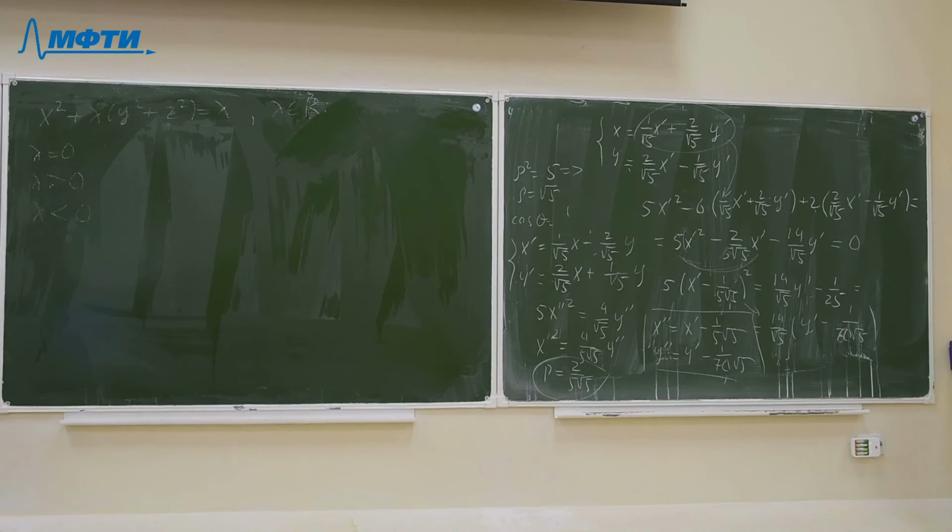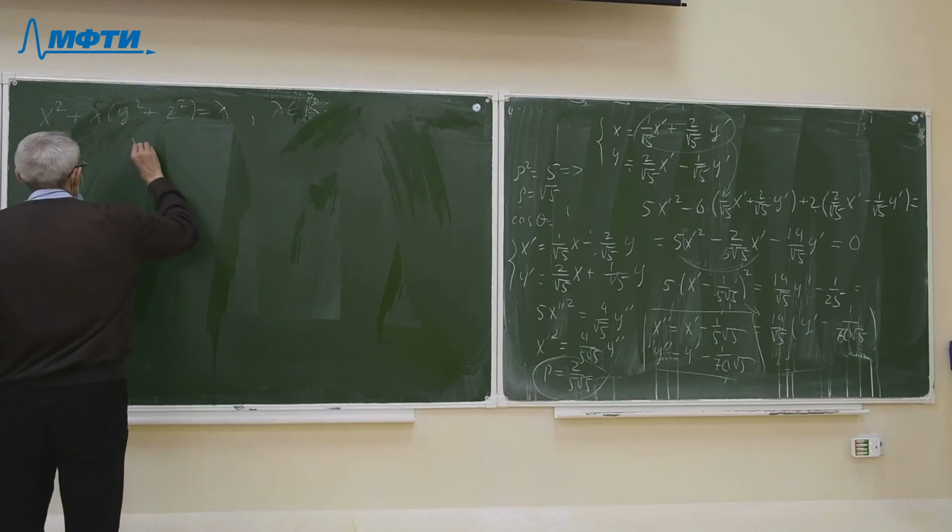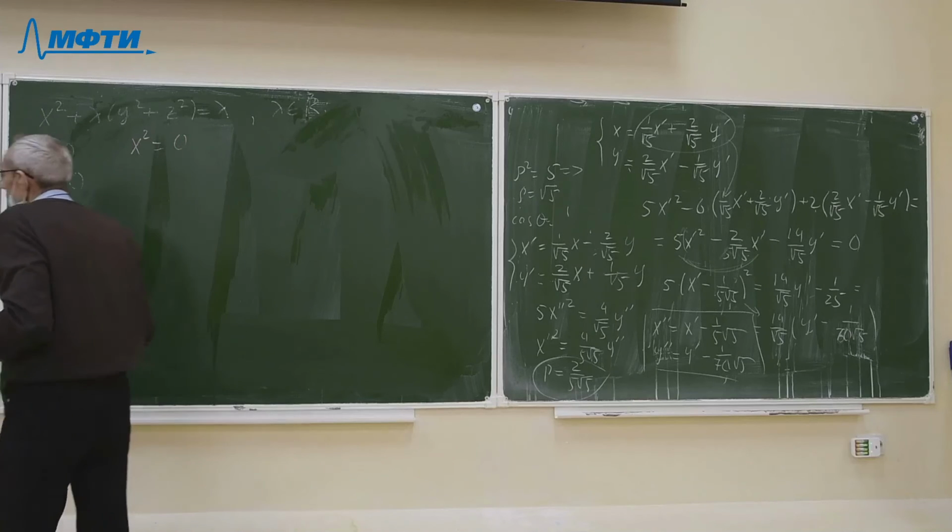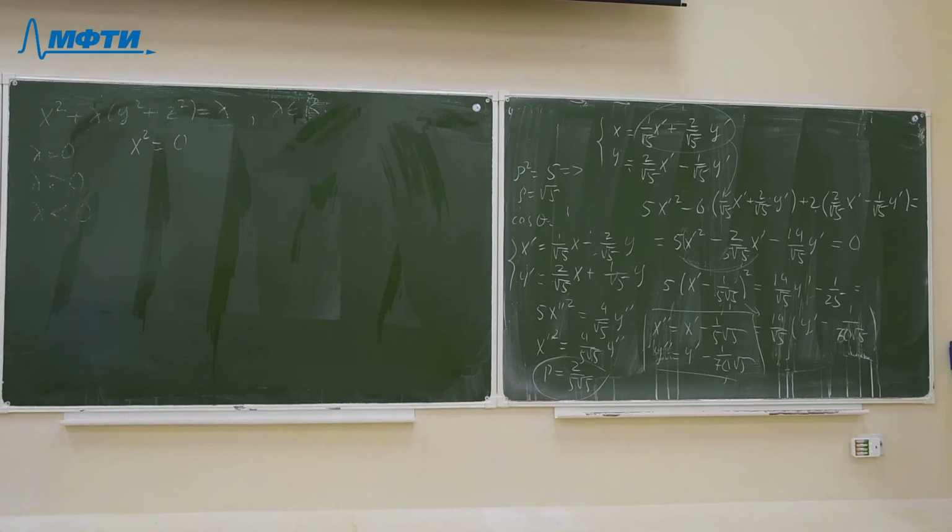First of all, let lambda be equal to 0. What do we obtain in this case? Let's substitute 0 in this expression, and what do we obtain? X squared is equal to 0. What is the surface?